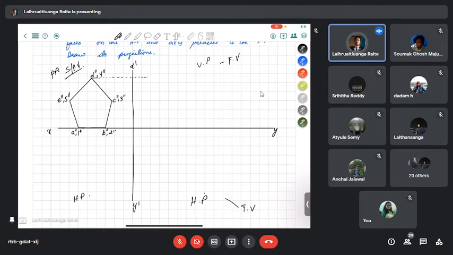So the distance from the XY line is not fixed when it comes to the front view. So we'll simply take this line as it is. And the axis is 60.